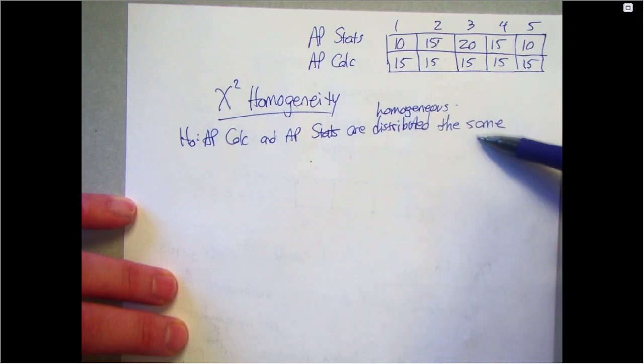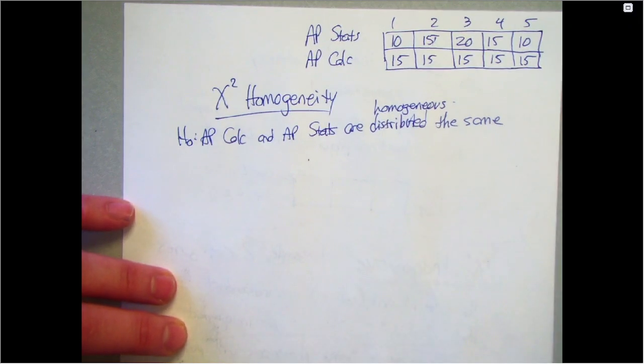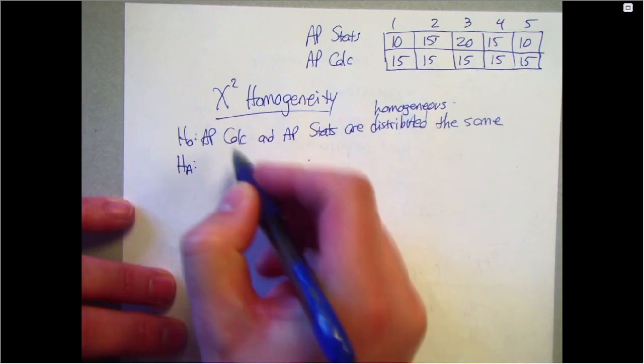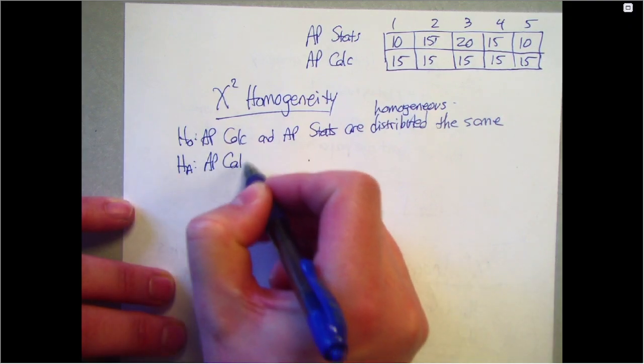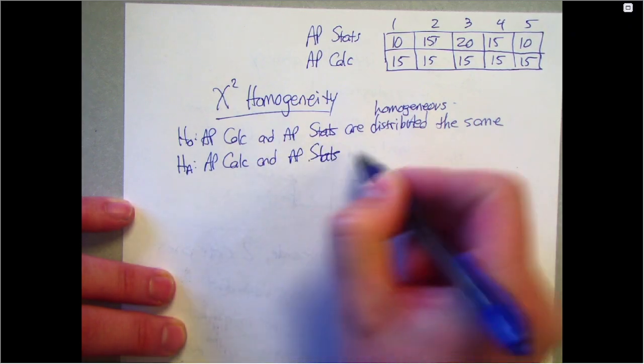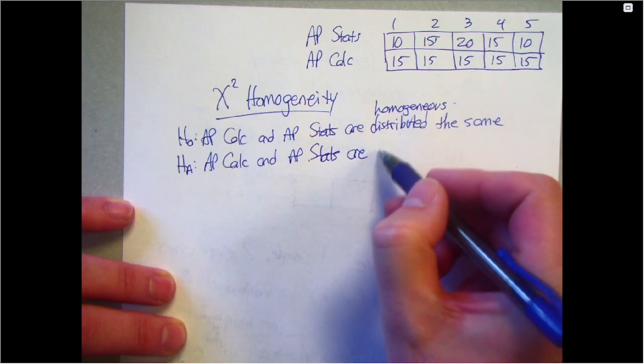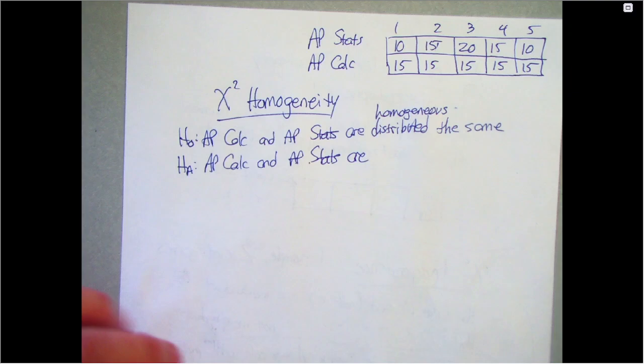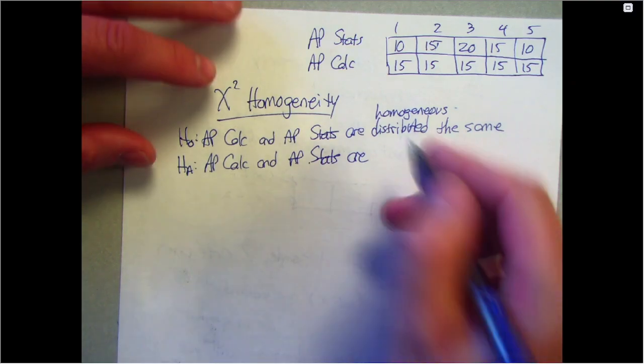Homogeneous, just write out what it means, distributed the same. So that Ha would be AP Calc and AP Stats are not homogeneous or are not distributed the same, or if you want to get really fancy, you can say heterogeneous.